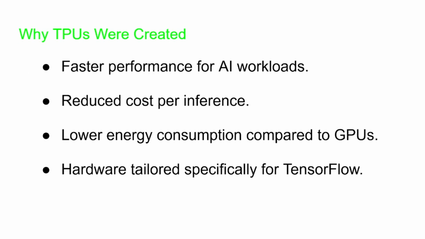Here is why the TPU was created, and the motivation behind it. The motivation behind the TPU was efficiency. Google wanted faster performance for its AI workloads. It reduces the cost per inference. It lowers energy consumption as compared to the GPU.